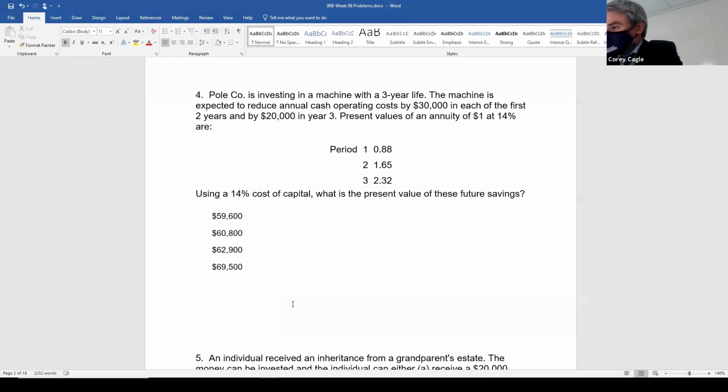The machine's expected to reduce annual cash operating costs by $30,000 in each of the first 2 years and by $20,000 in year 3. All right, so we've got money being spent today, benefits coming in over periods of time beyond the year that we're currently in.